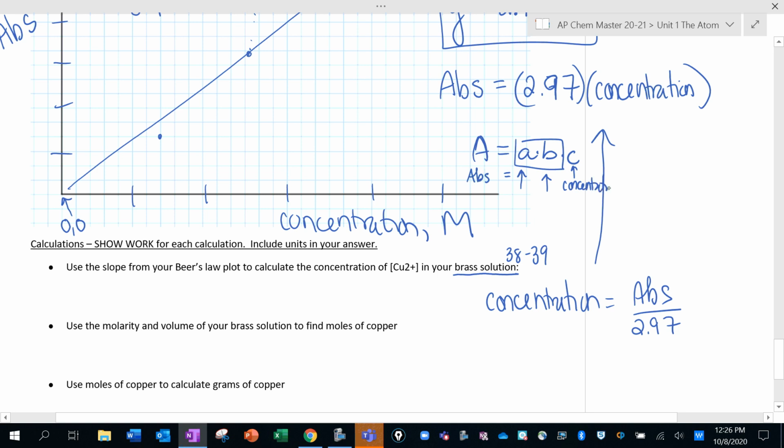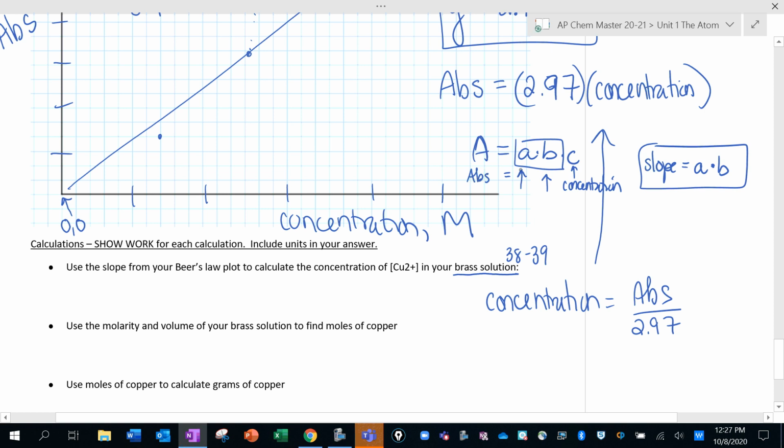So if you think about the slope we just found, what does that represent? The slope of our graph represents the molar absorptivity times the path length. That's what we just found here in terms of this equation. So again, absorbance is some value times the concentration. They're directly proportional. That's the main idea behind Beer's law.